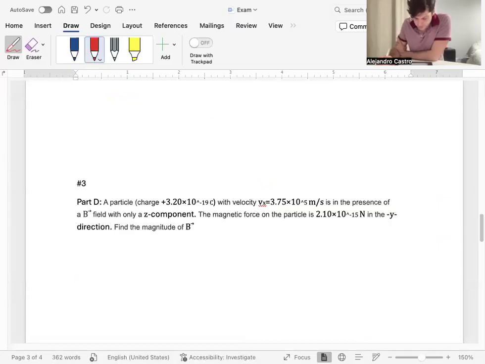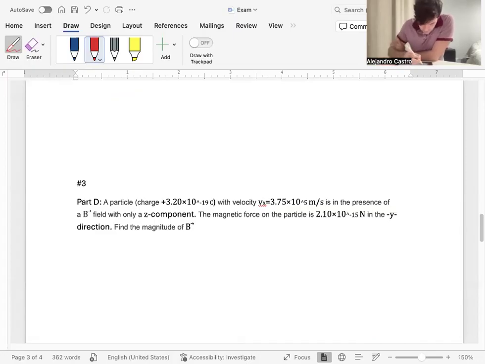The magnetic force on the particle is 2.10 times 10 to the power of minus 15 N in the y direction. Find the magnitude of v.